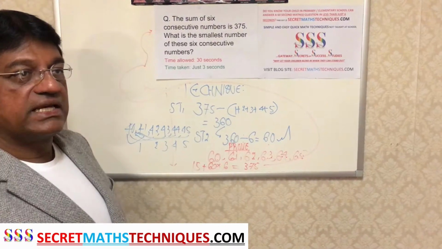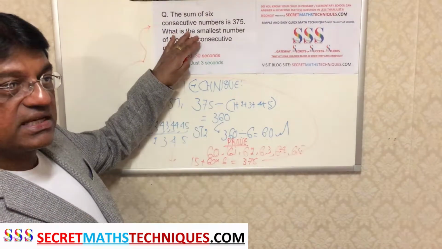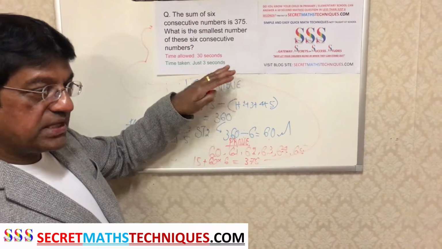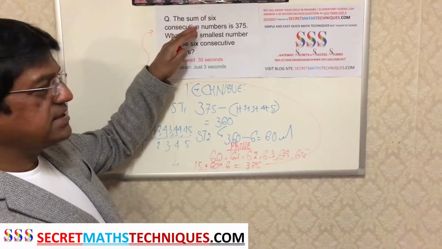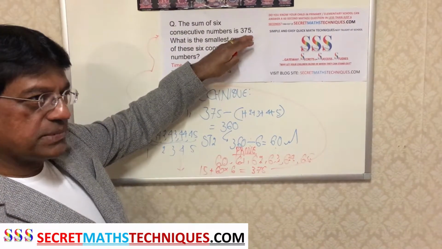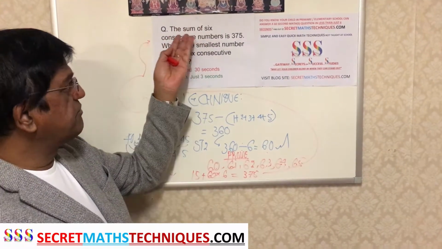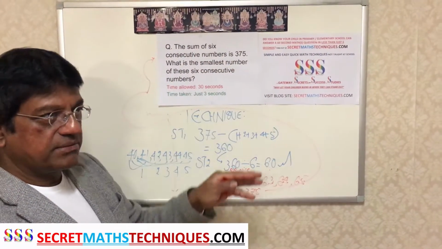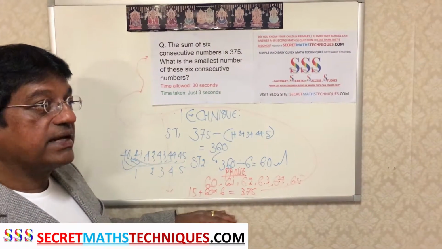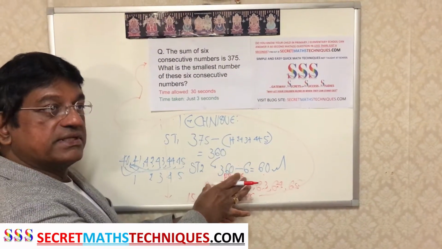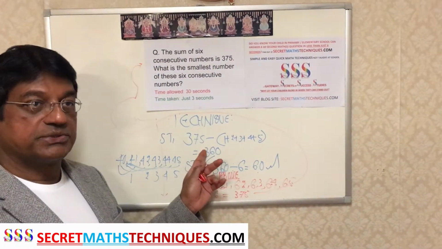The final advantage is that I don't stop here. I have given another question like this in the blog, and that question is identical except the numbers are changed, or 6 becomes 5 and 375 can become something else, etc. And therefore the child can now try, after understanding the 3-second technique, to do it by using the 2-second technique.